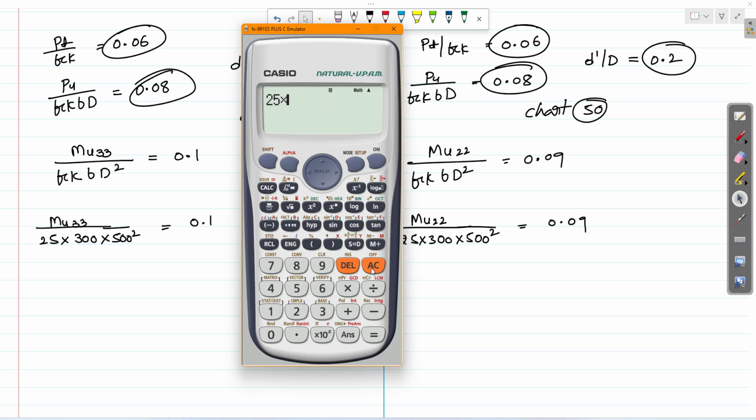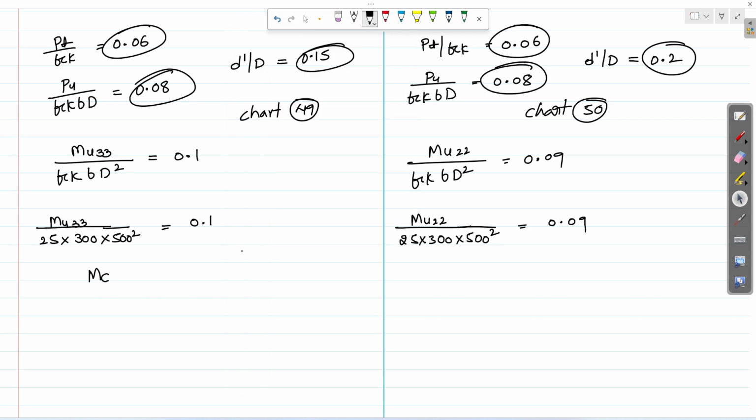So 25 into 300 into 500 square multiplied by 0.1 gives 187.5. So MC33, the capacity about the 33 direction, is 187.5 kilonewton meters.